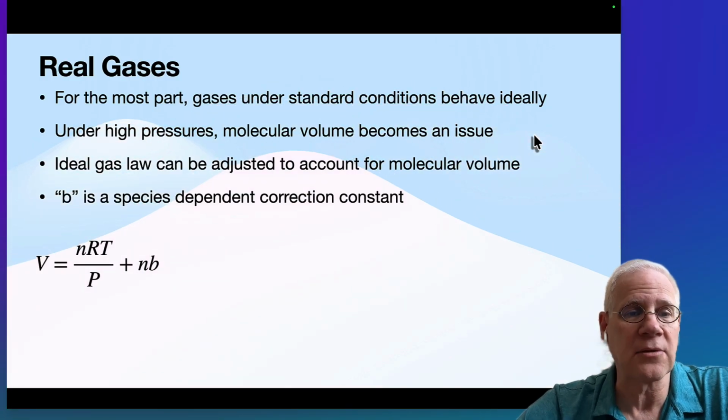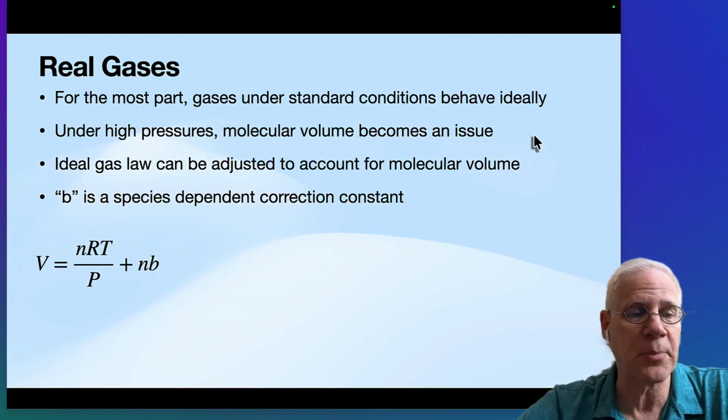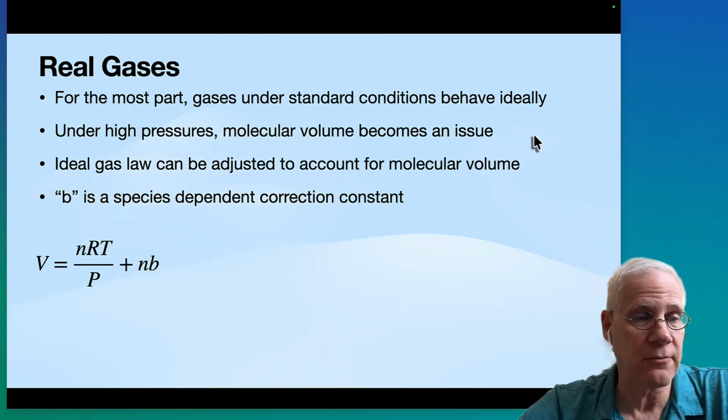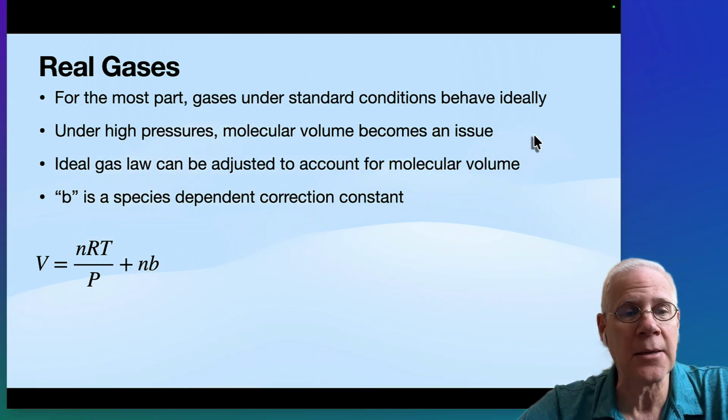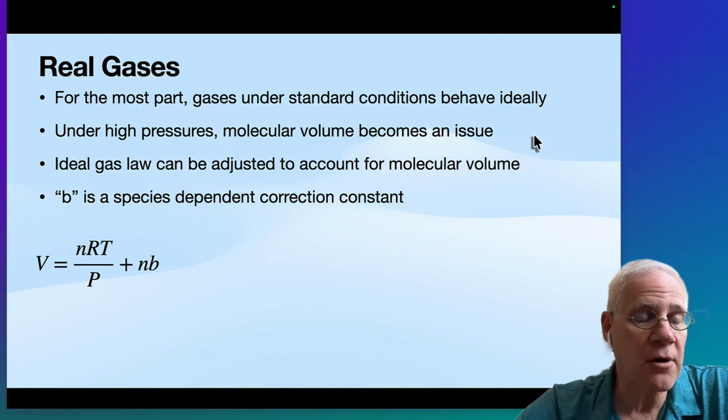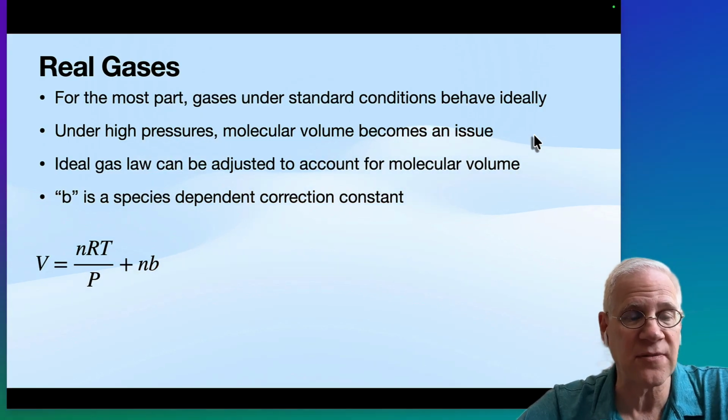And we can look at the correction to volume as equal to nRT over P. So that would be our normal expression in the ideal gas law for the value of V for volume. But we're going to add nB, so the number of moles times the correction constant B. Obviously, the number of moles affects how much volume the molecules take up, because the more you have, the more volume they're going to take up.